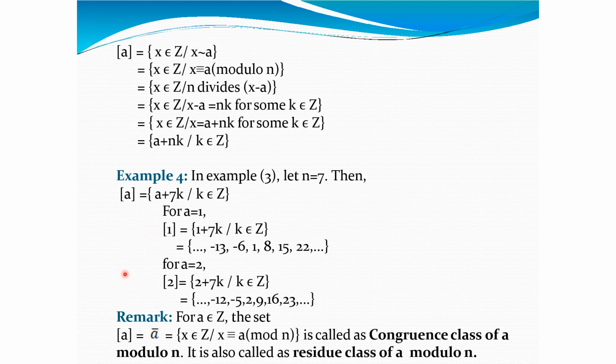Similarly you can put A is 2, A is 3, A is minus 1, minus 2 and so on. Now the equivalence class of A equal to X in Z such that X is congruent to A modulo n is called the congruence class of A modulo n. This is also called the residue class of A modulo n.